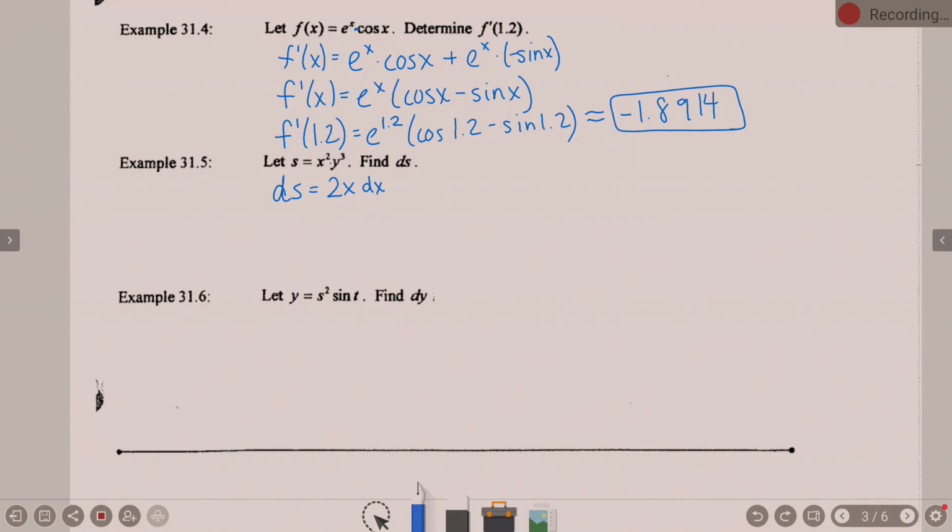And then what do we have to keep? Keep the y cubed. So we did the derivative of the x term, 2x, times the dx, because it was the x term, and then we kept the y cubed.